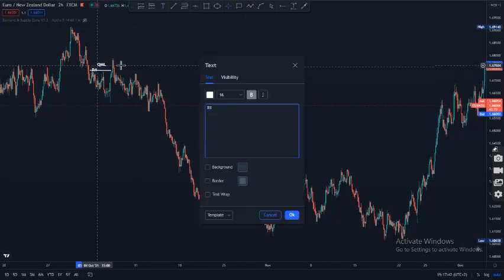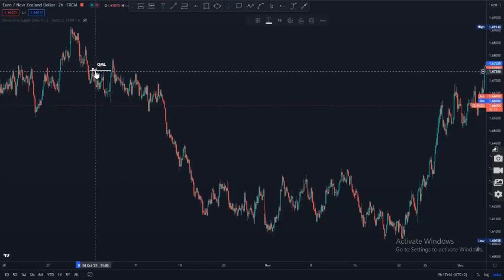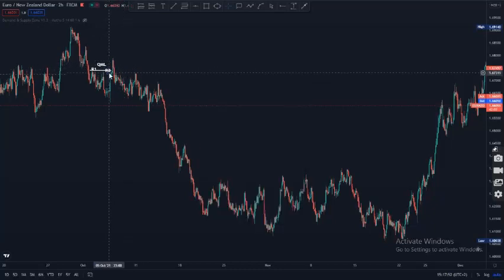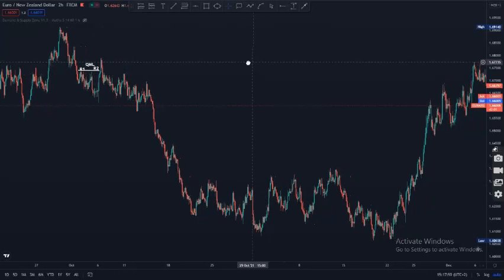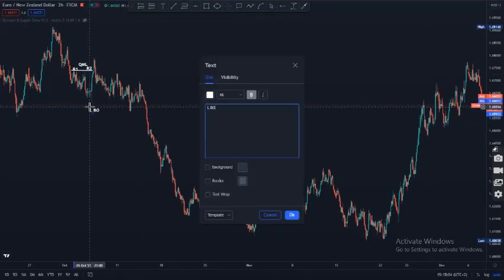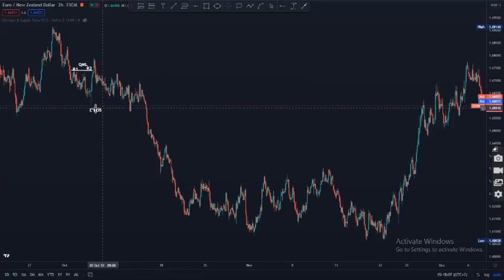R1 right there and R2 here. Okay, if you watched the previous video, you would remember that I said these are the most important kind of setups that you should concentrate on. After noticing that, I had my low here and I had the break of structure, right?